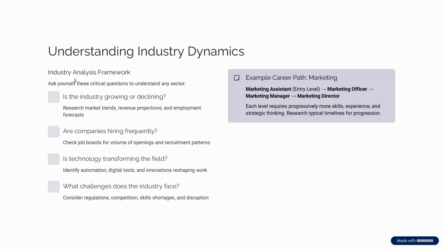An example of a career pathway that I did, you can see on the slide, for a marketer. Normally, when you leave school, what you will have is the entry level, the marketing assistant. Because you have a bachelor's degree, don't even think in your widest imagination that you'll now be a marketing director. No, you start from a marketing assistant, then you progress to a marketing officer, then a marketing manager, then a marketing director.